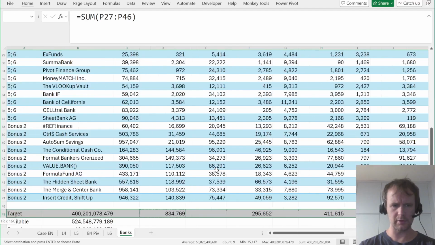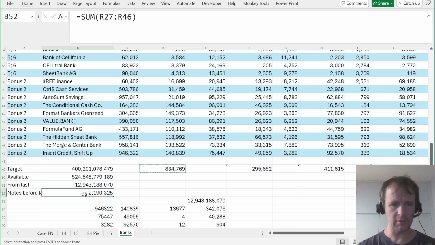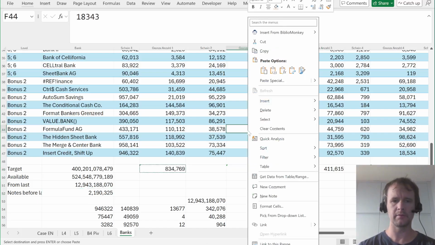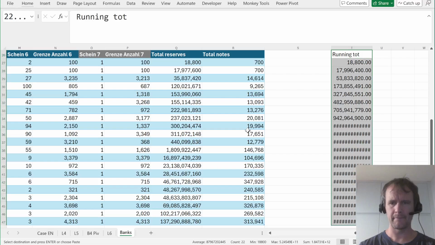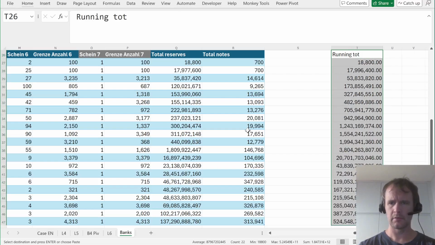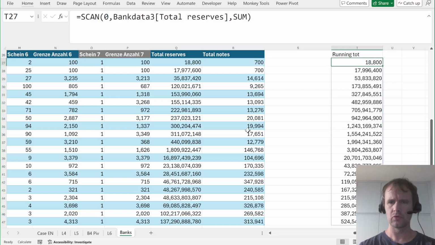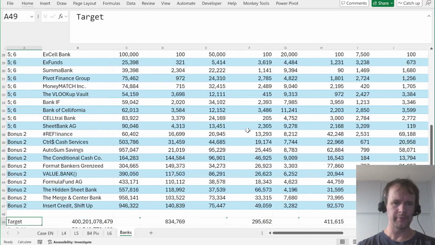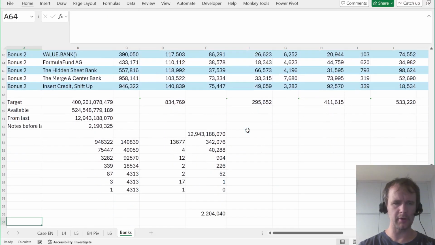So if I add up all of those, that gives me 2190,325, which is exactly what that is. Fine. All right, I don't know. It's a little late here, so I'm not going to debug that one right now.